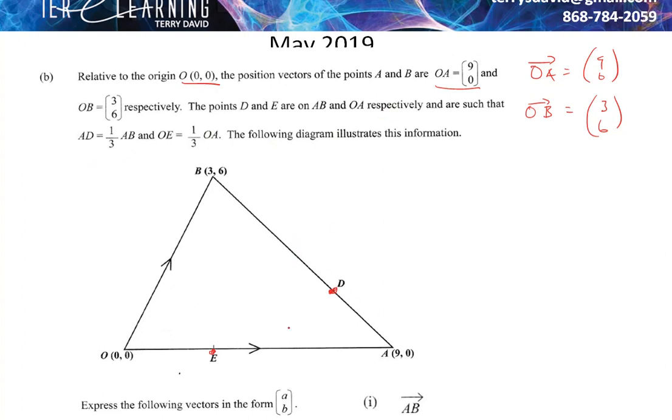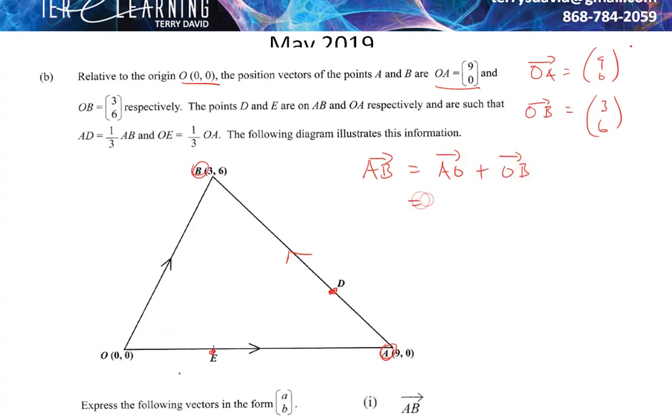So we're going to use this information to find the vectors that they want. The first one they want is AB. So AB is this vector here. You're moving from A to B. We want to start at A and end up at B, so we can go AO plus OB.